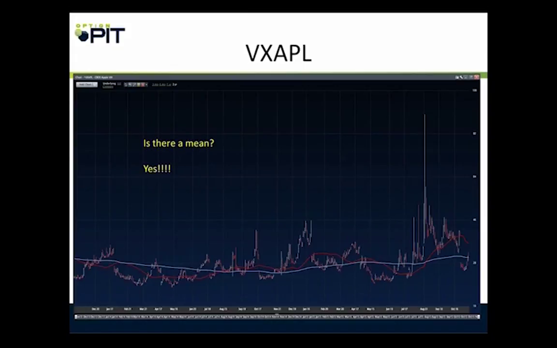Kind of crazy, but that mean reverting characteristic is what drives trading of options. If there was not a mean reverting characteristic to options, it would be impossible to be a market maker.